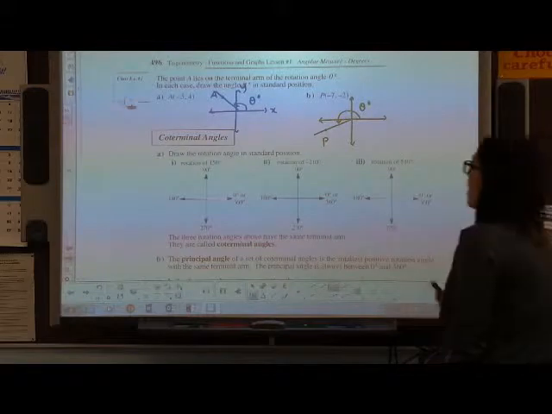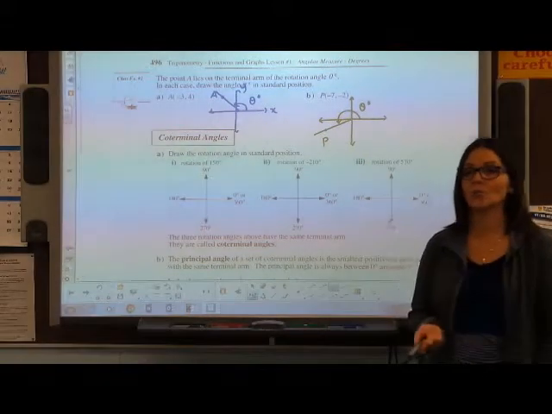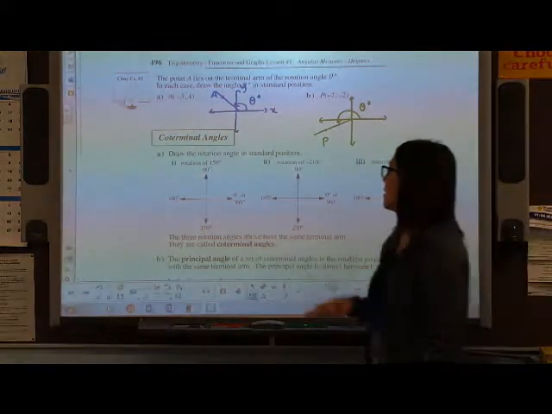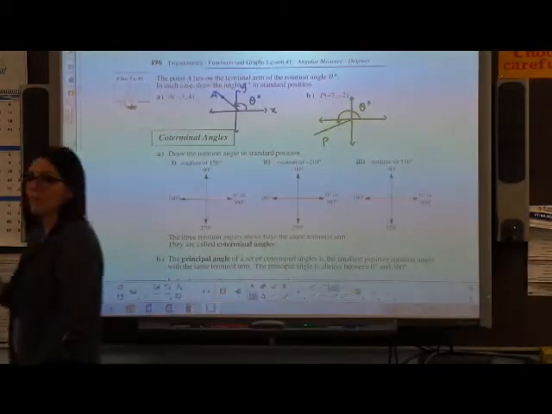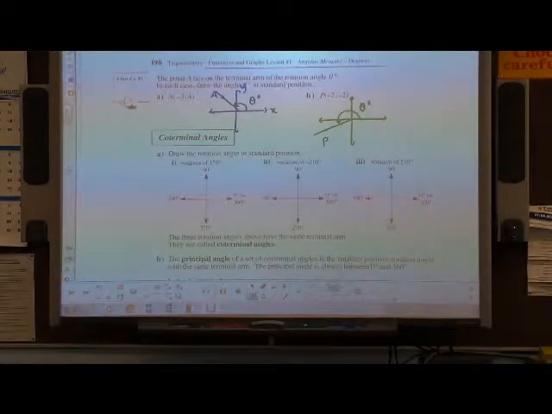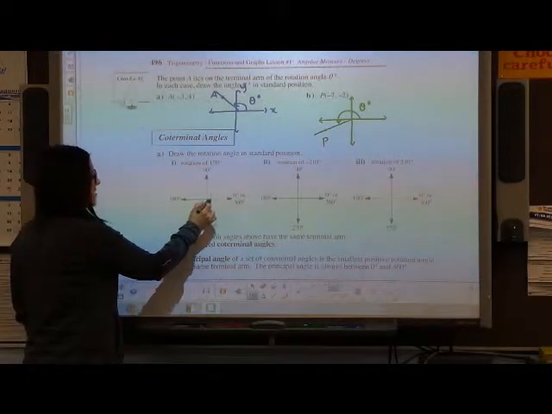Okay, so now we introduce a new term called coterminal angles. So if I drew an angle that was at 150 degrees, which quadrant would I be in? The second quadrant, and I would be close to 180.